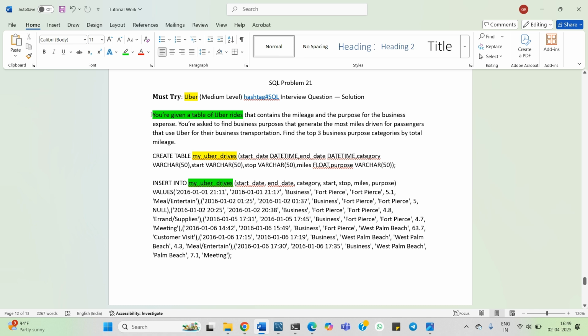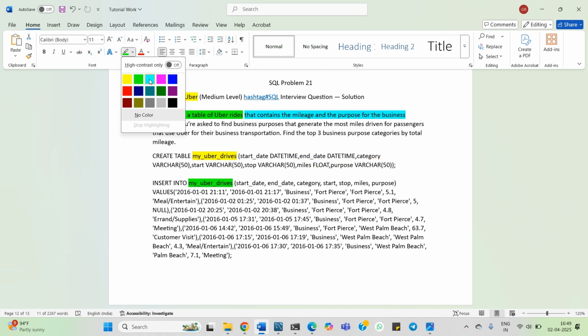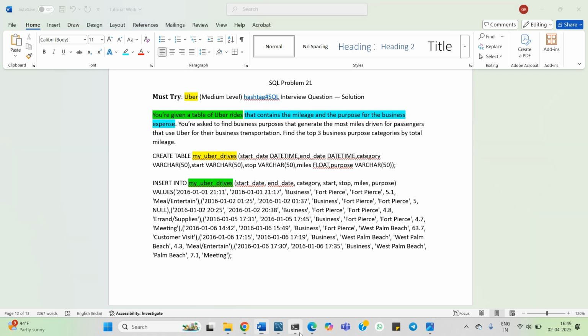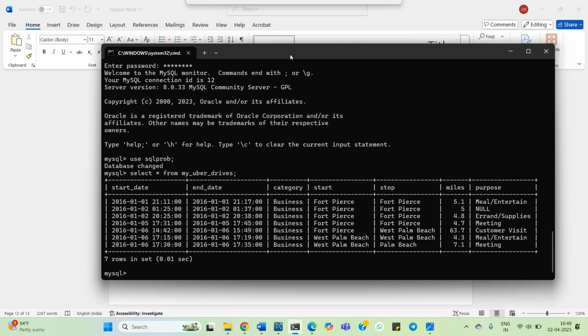You can see in the problem statement, they have said you are given a table of Uber rides that contains the mileage and the purpose of the business expense. In the table, mileage is the miles or distance, and purpose is the reason for which the business ride was done.